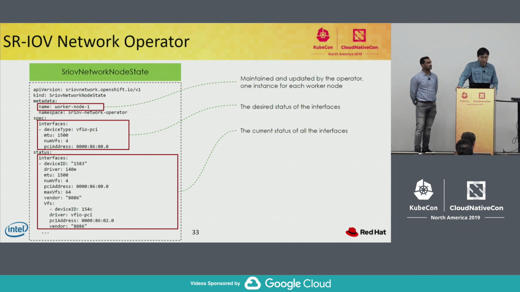The spec field of this custom resource is the desired state of the node, which will be generated according to the network node policy we just mentioned in the previous slide.